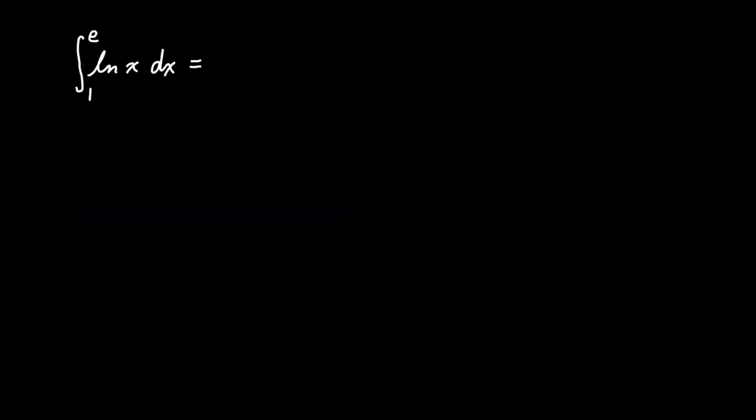All right, next one we're going to be looking at delta x being e minus 1 over n, which cannot be simplified, so we're just going to leave it like this. C sub k then is going to be your lower limit, 1 plus k times delta x. And again, we'll just leave it like this.